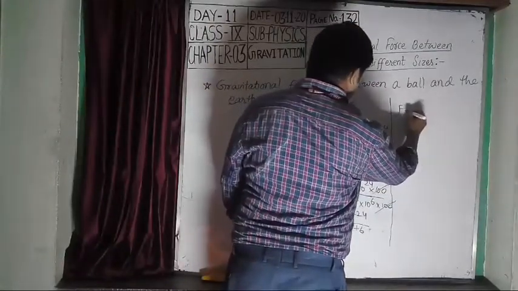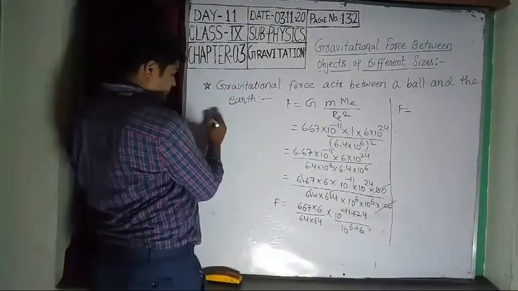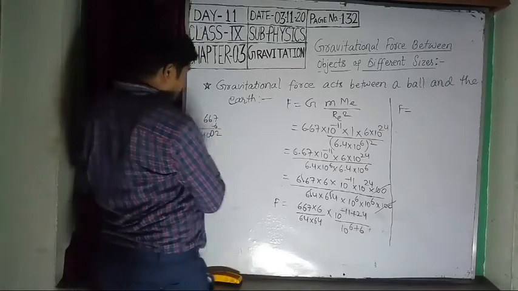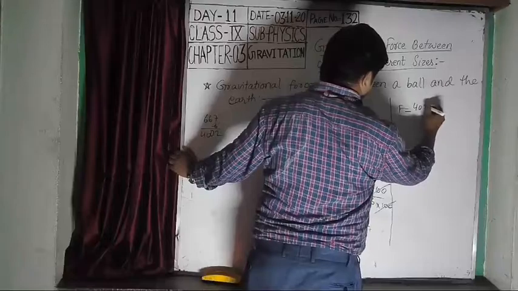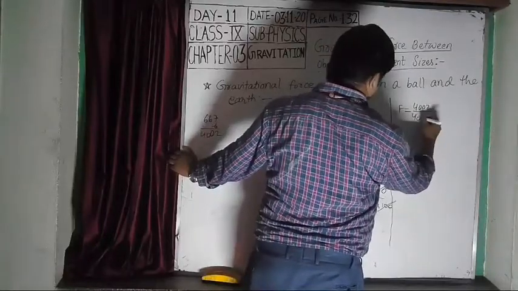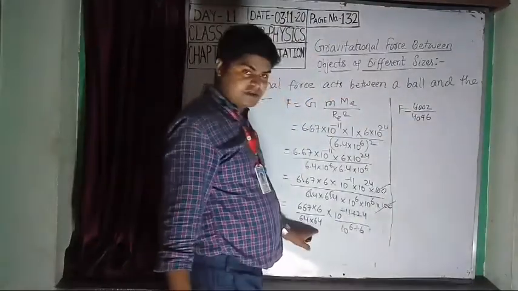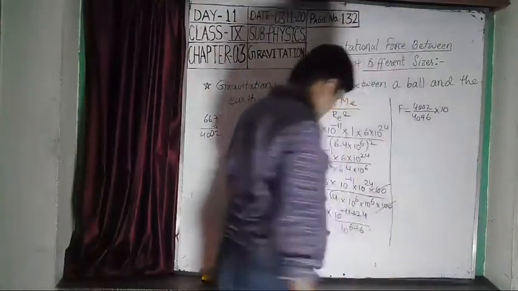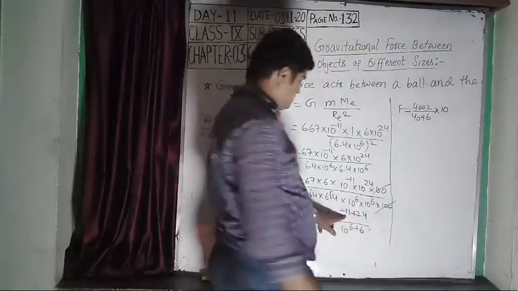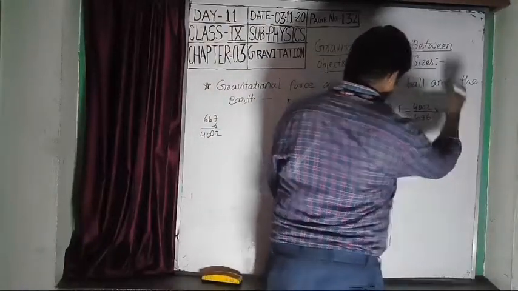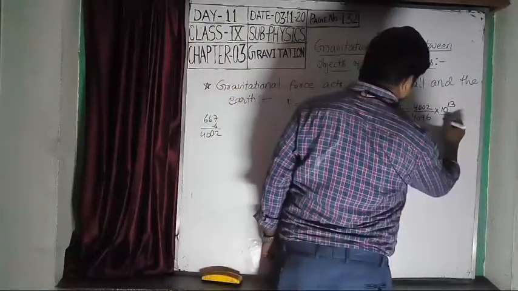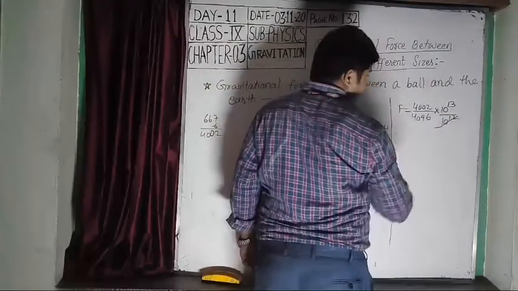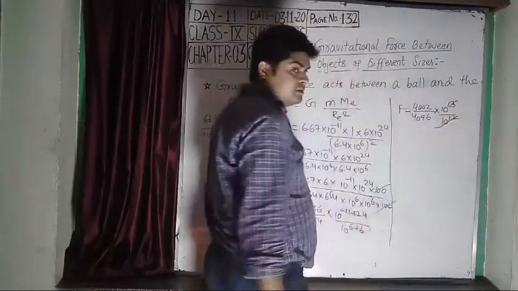Now F is equal to 667 into 6, 4002, by 4096, that is 64 into 64, into 10 to the power 24 minus 11, 13, by 10 to the power 6 plus 6, 12. 10 to the power 12 cancels out.